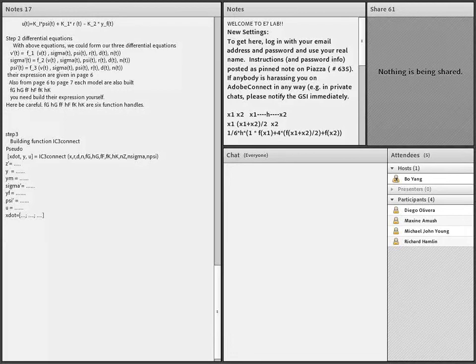In IC3 connect, you first have x, which is defined in the assignment as a 3x1 vector, consisting of the speed, the sigma, and the psi.